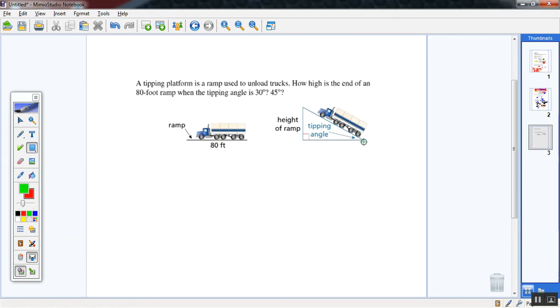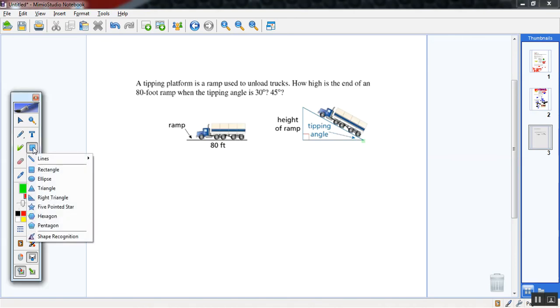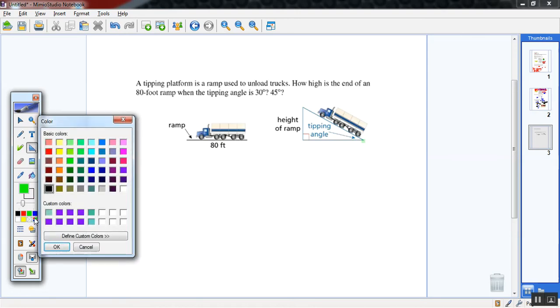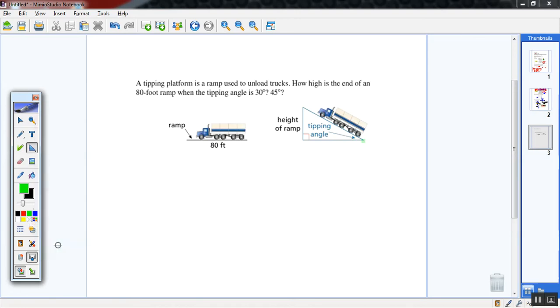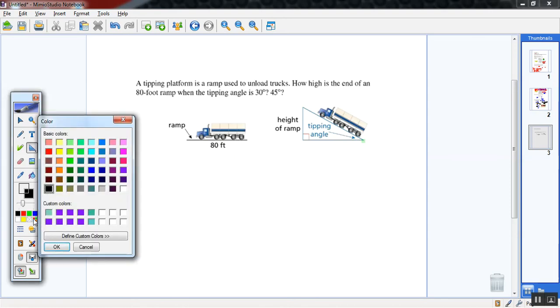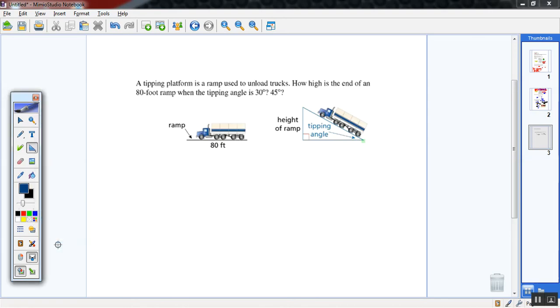Okay, what I want to do is draw a couple of triangles here. I want you to do the same thing. I want you to draw a triangle that looks like this. Draw one that looks like this.